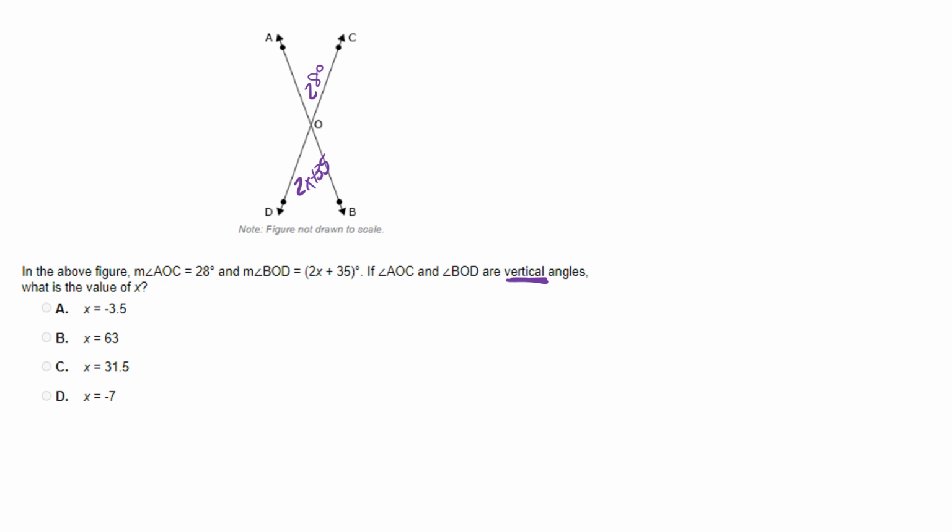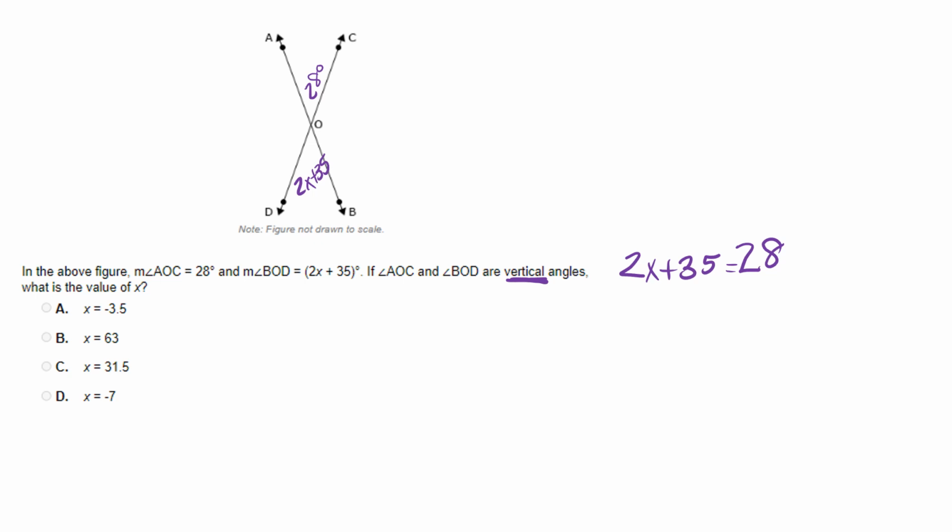Remember, vertical angles means that they are created by the same two lines, they are opposite, and they are equal. So I can set this up by saying 2x plus 35 equals 28. Those two are equal.